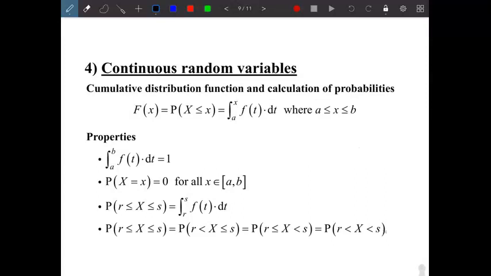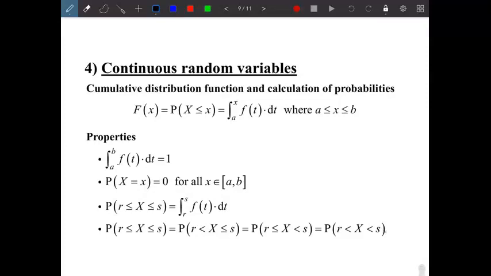Now, similarly to discrete random variables, the same way we have a probability distribution function defined, we can also have a cumulative distribution function, which is the sum of all probabilities from the starting value of x up to the point specified.